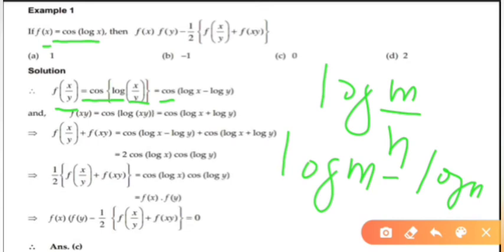By using that property we write log x minus log y. And f of xy, in place of x we are taking xy, that can be written as cos log xy, which is equal to cos of log m into n.